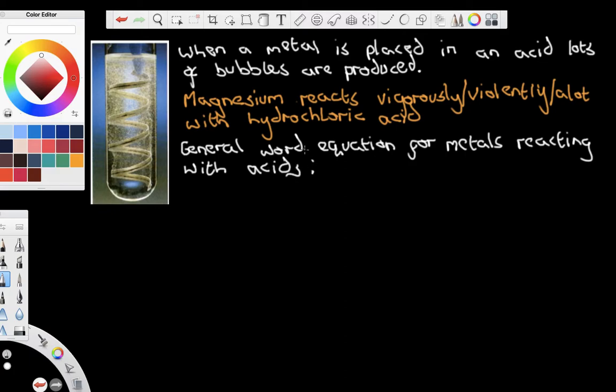So when a metal reacts with an acid, our reactants are the metal and the acid. We say that these are our reactants. These are what we're adding together in the reaction. So we can put underneath here that these are our reactants.